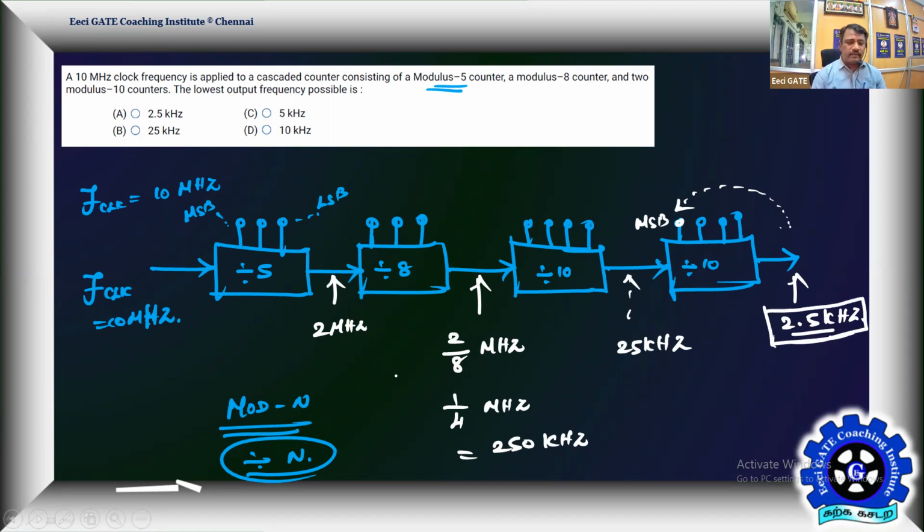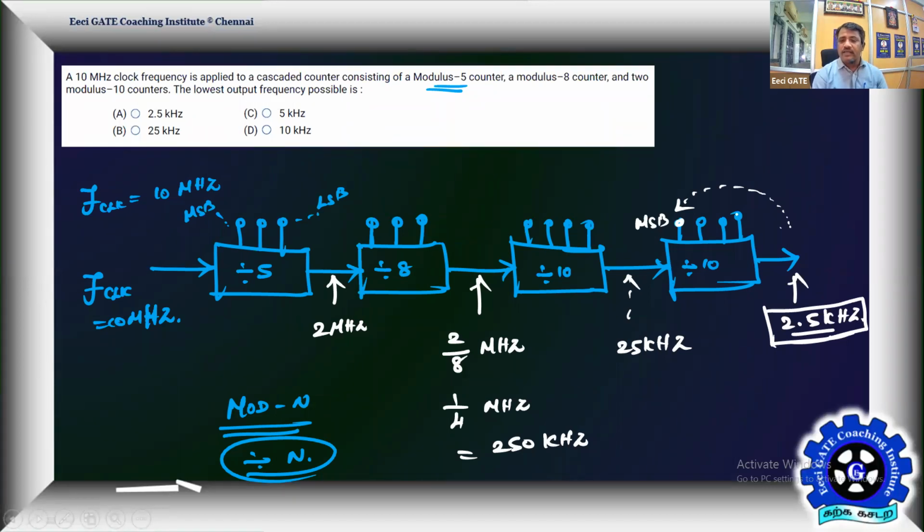And the highest possible frequency is the F clock itself, which is available. Any other bit will have a somewhat higher frequency than this. You can take any other bit, but the lowest output frequency possible is 2.5 kilohertz.